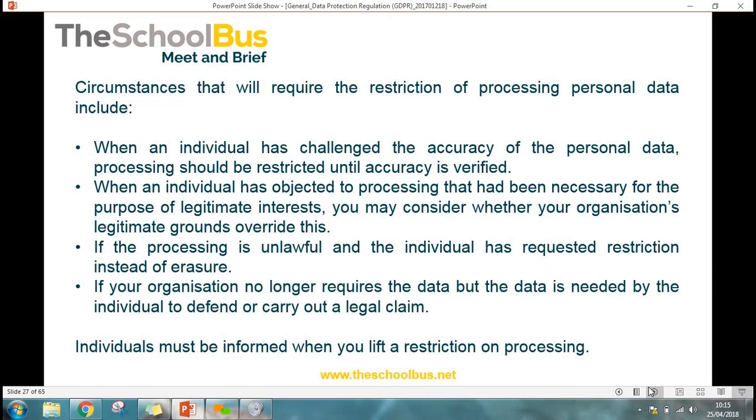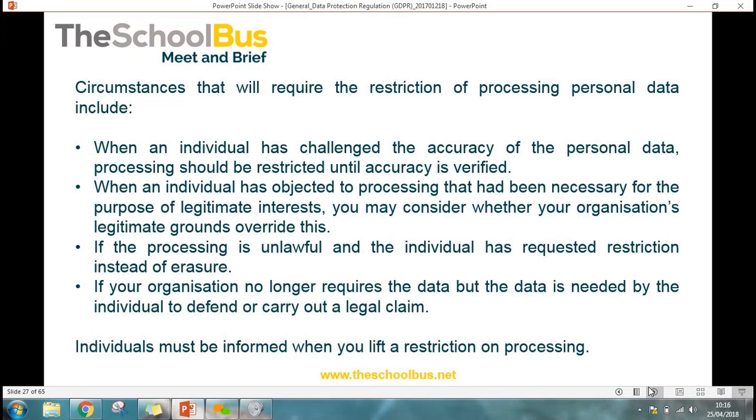If we're not processing the data and this receives a challenge on the basis of legitimate interest, and you'll see guidance on the TheSchoolBus website about legitimate interest, which is primarily the basis upon which you will be relying to process data, you can consider whether the organisation has the grounds to override that.